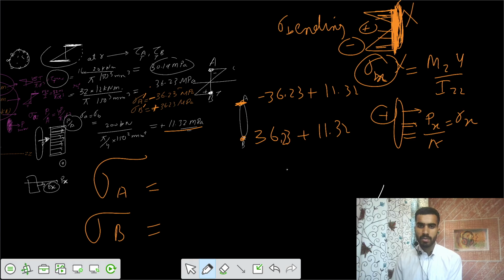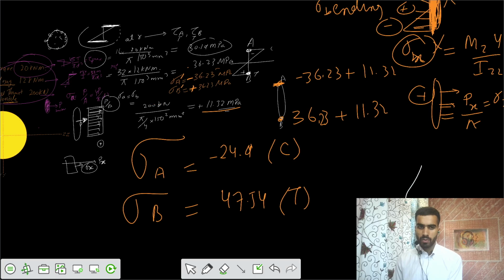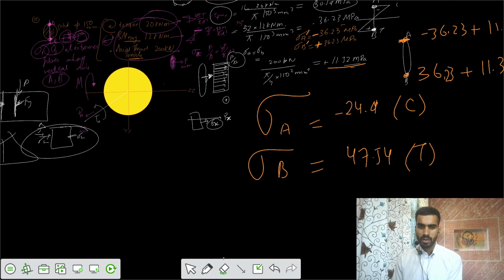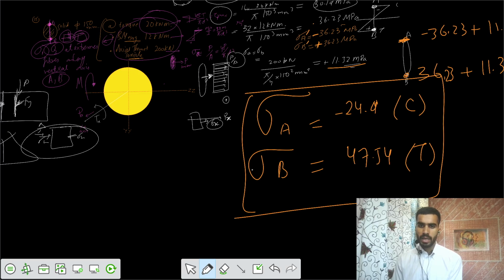Sigma A and sigma B equal 24.9 minus, that's compressive, and on the bottom 47.54 tensile. So you got two different values of normal stresses. These are your final normal stresses at points A and B.